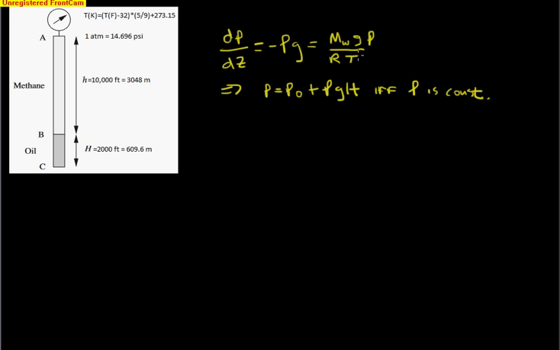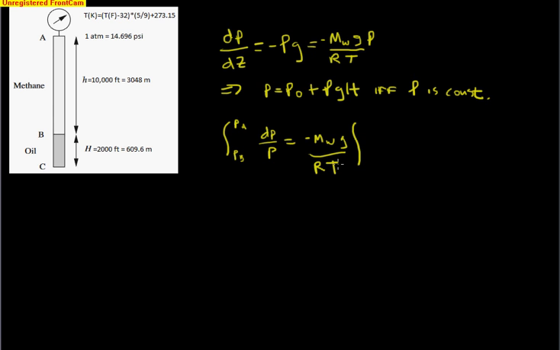So this is just from the ideal gas law, PV equals nRT, and you can go ahead and derive that. But we're going to use this expression now, and we're just going to separate it and integrate, so we get the integral from PB to PA of dP over P, since I'm dividing the pressure over, is equal to, and then we have a negative here, sorry, negative molecular weight times gravitational constant over RT, and then we're going to integrate.